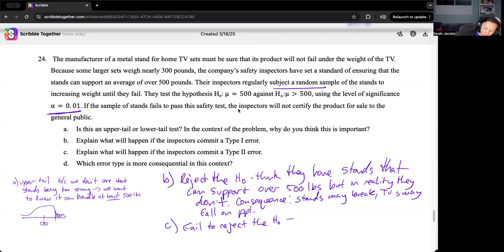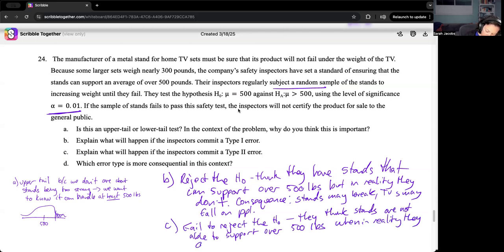A type 2 error is they fail to reject the null when they should. The inspectors think stands are not able to support over 500 pounds, when in reality, they can.